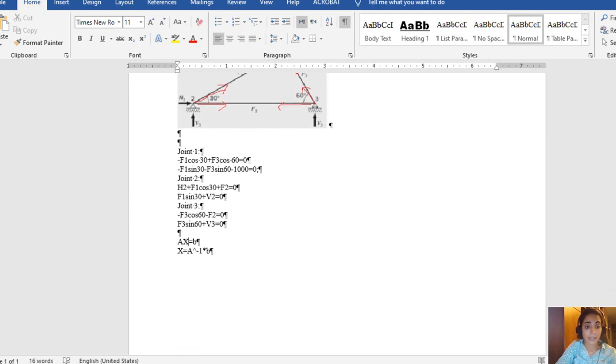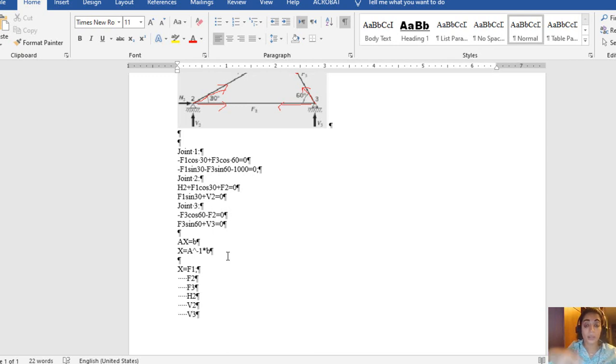I will define X starting by F1, F2, F3, H2, V2, and V3. So this will be the order of X.